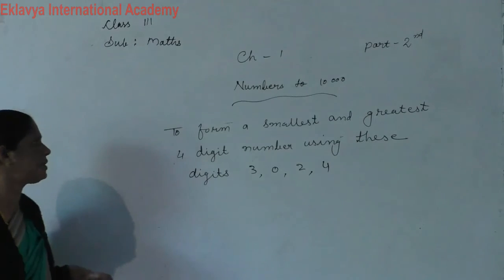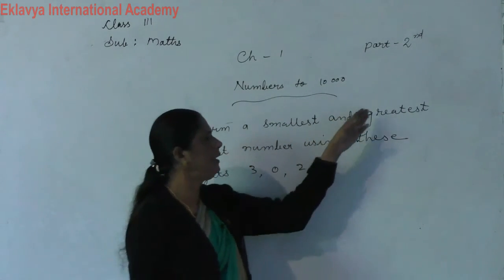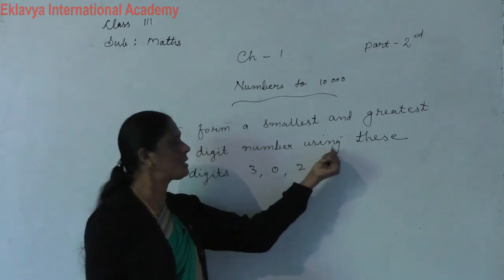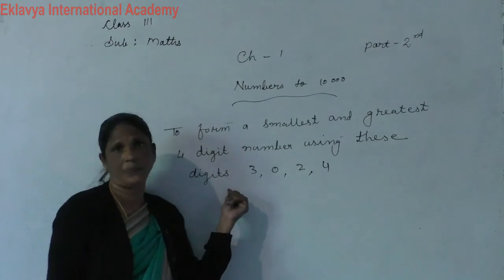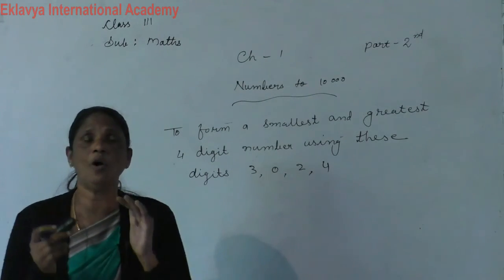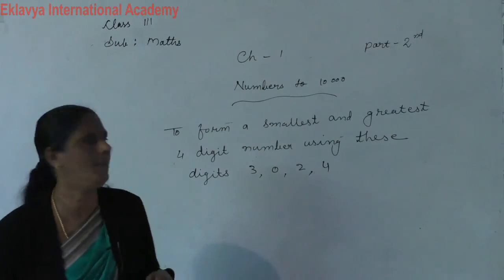Then read the question: to form the smallest and greatest 4-digit number using these digits. Here the digits are given. We form the smallest number and the greatest number.